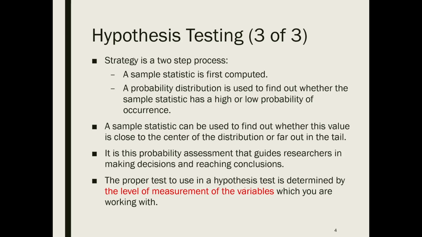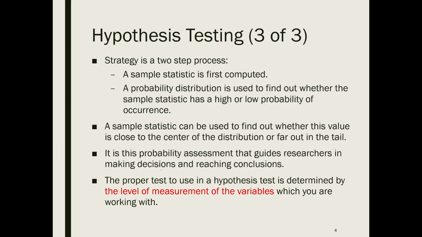So there are basically two steps. The first is that a sample statistic is computed, and the second is to use a probability distribution to find out whether this sample statistic has a higher or lower probability of occurrence. Okay, one thing we want to know is that in future PowerPoints, we will cover a few hypothesis tests.